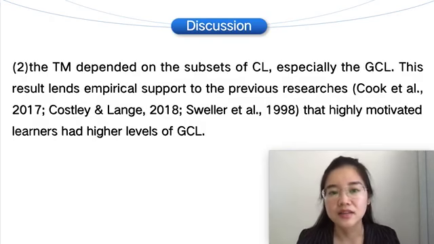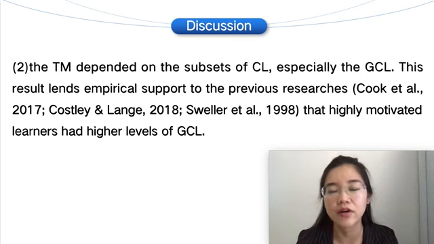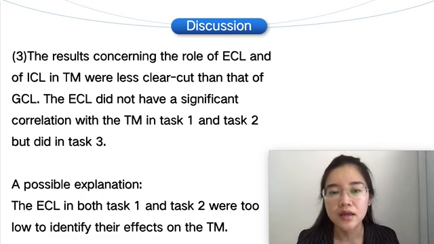And the second conclusion we can draw is that the task motivation depended on the subsets of cognitive load, especially the germane cognitive load. So this result lends empirical support to the previous researchers that highly motivated learners usually have higher levels of cognitive load. However, it should be noted that the results concerning the role of extraneous cognitive load and of intrinsic cognitive load in task motivation were less clear-cut than that of germane cognitive load.